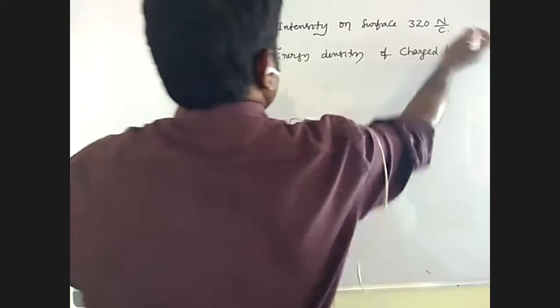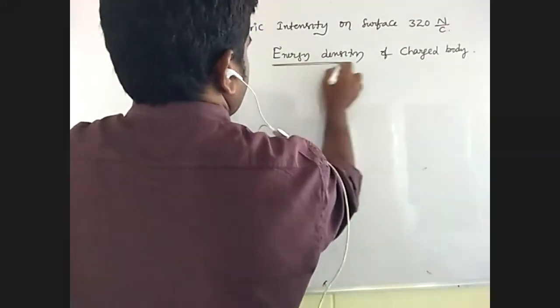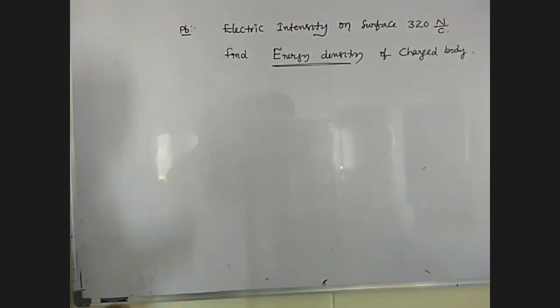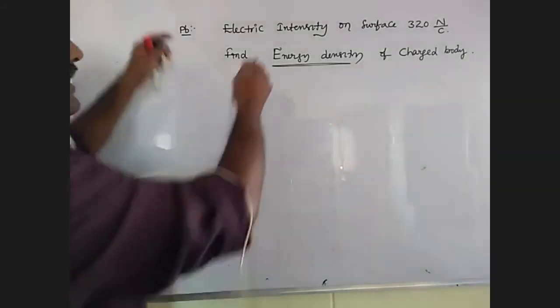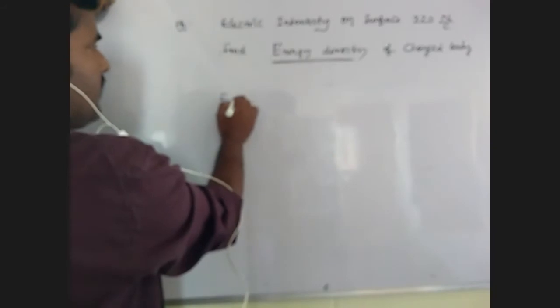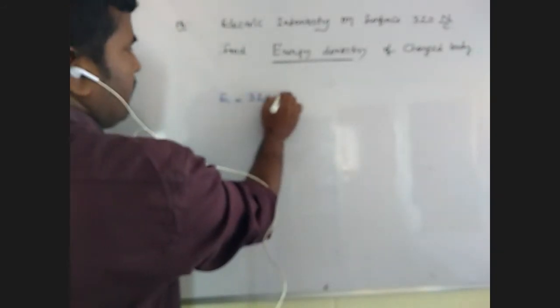So this is the question, energy density. The concept is already completed, but here the electric intensity is given as 320 Newton per Coulomb.